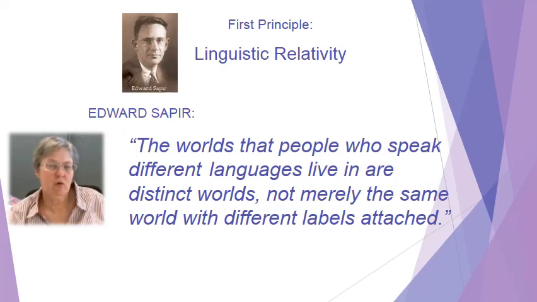Edward Sapir was an American linguist and anthropologist, one of the first linguistic anthropologists. Sapir was, as you see his picture here, writing in the 20s and 30s, really all the way up into at least the late 40s.